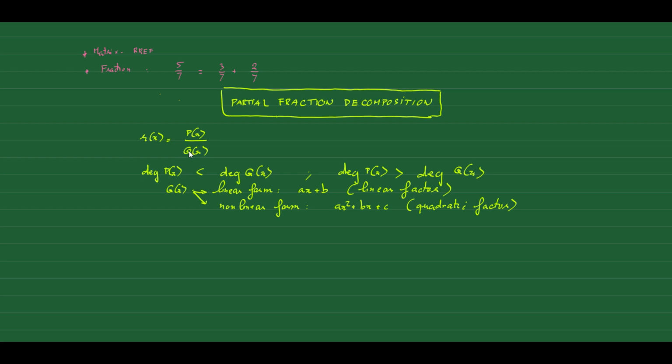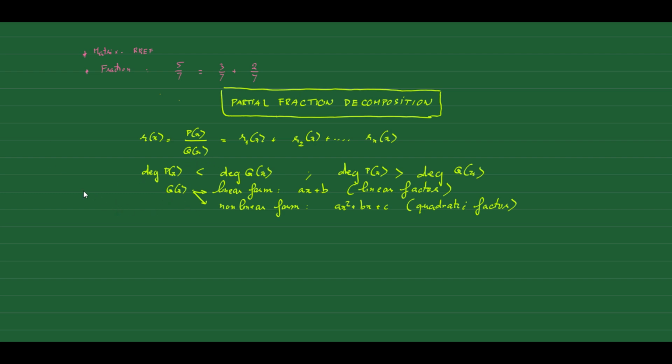So the process of splitting up this fraction into many rational expressions, we call partial fraction decomposition. For example, I'm going to split it into one term, and another term, and so on, I don't know how many. It depends on how many factors are in the denominator.